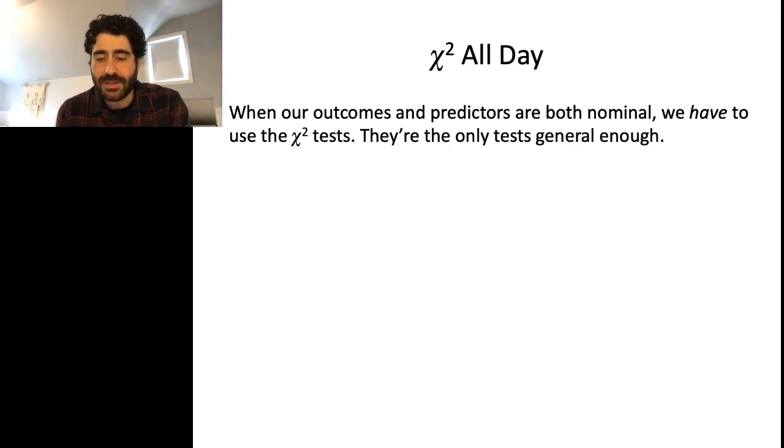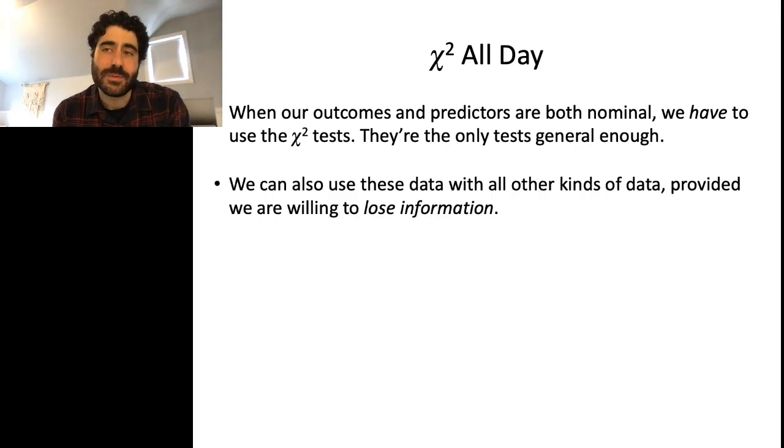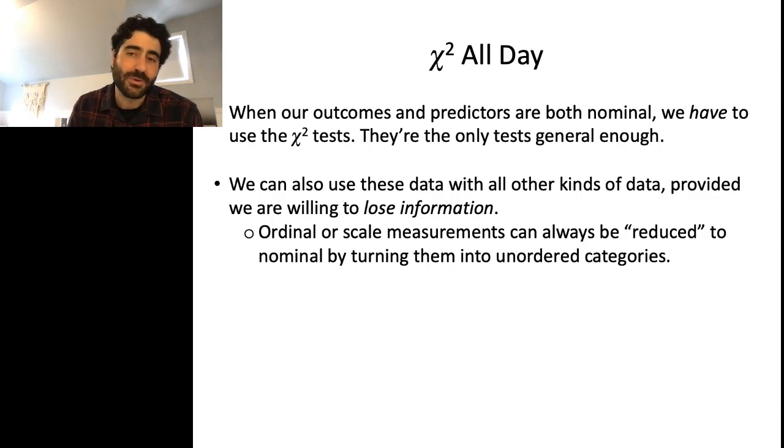But just like with the rank tests and scale data, you could choose to use these chi-squared tests even if we have more complicated kinds of data. So even if we have measurements that are ordinal or scale measurements, we could turn them into nominal measurements if we want to.